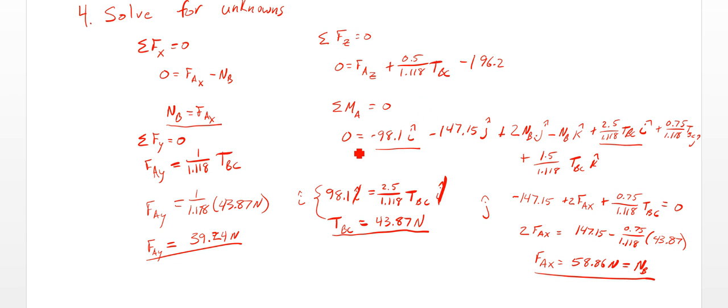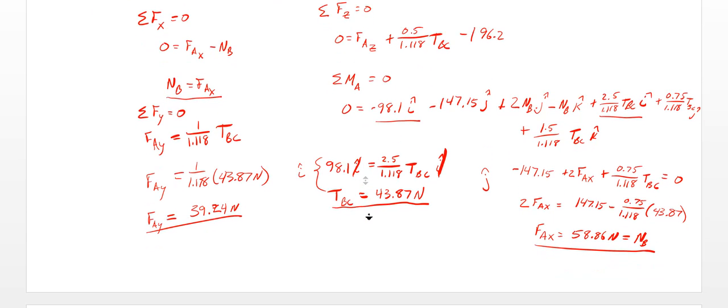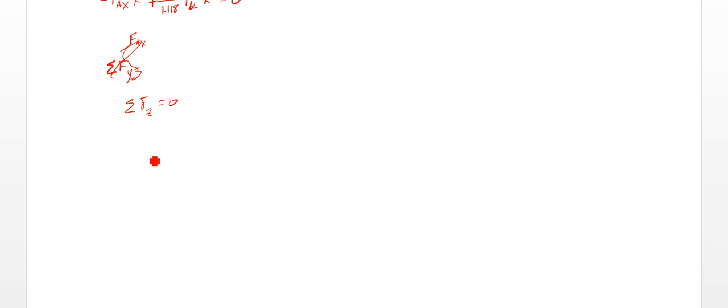So FAZ equals 196.2 minus 0.5 over 1.118 tension BC. FAZ then equals 176.6 newtons.